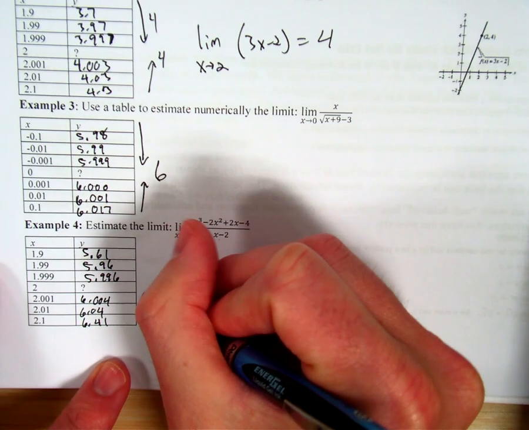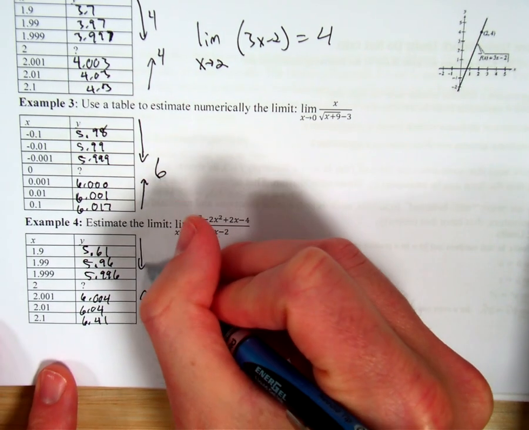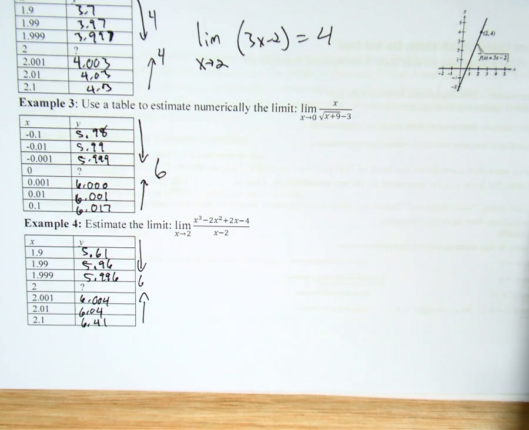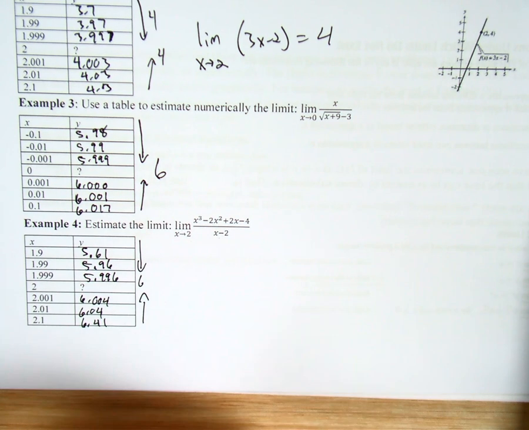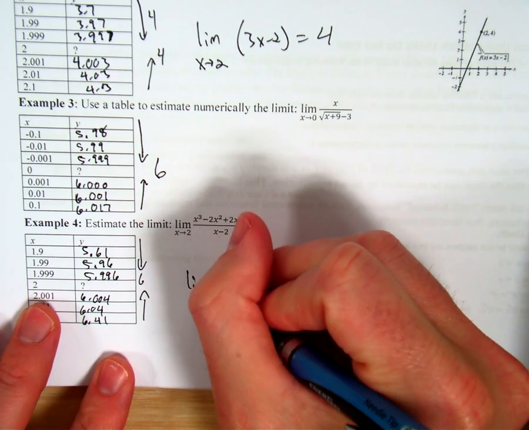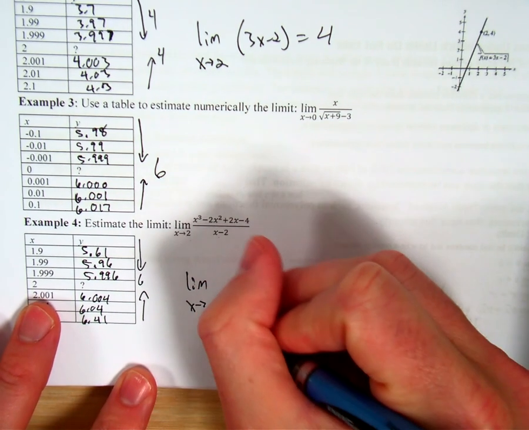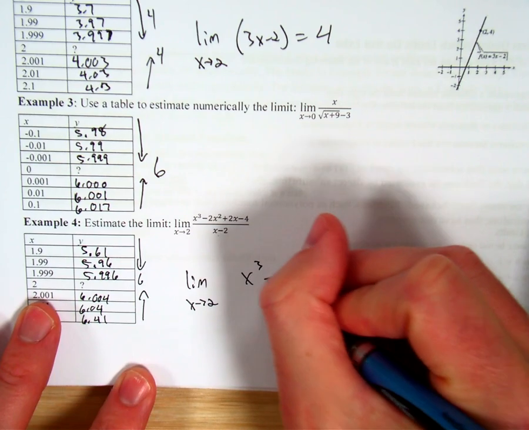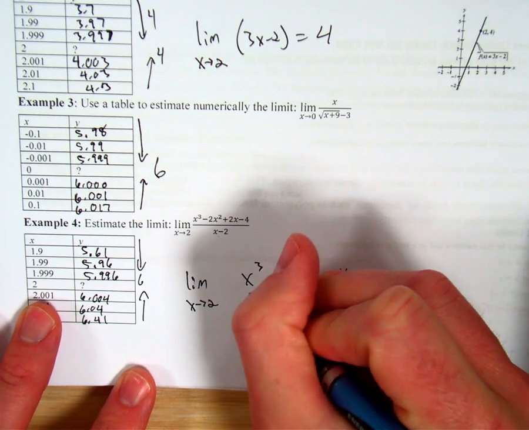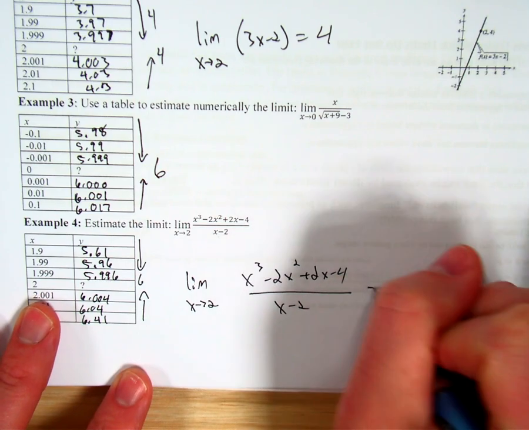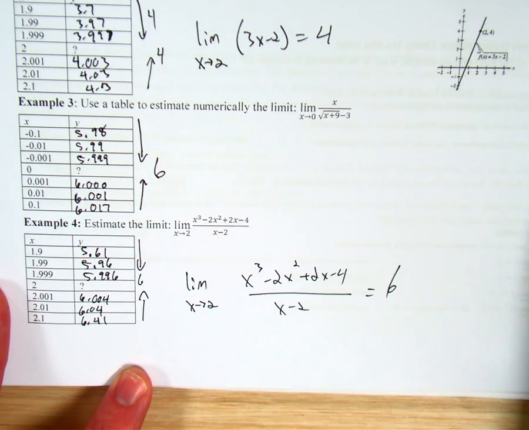And again, we're squeezing into 6. So we could say the limit as x goes to 2 of x to the third minus 2x squared plus 2x minus 4 all over x minus 2, that limit equals 6.